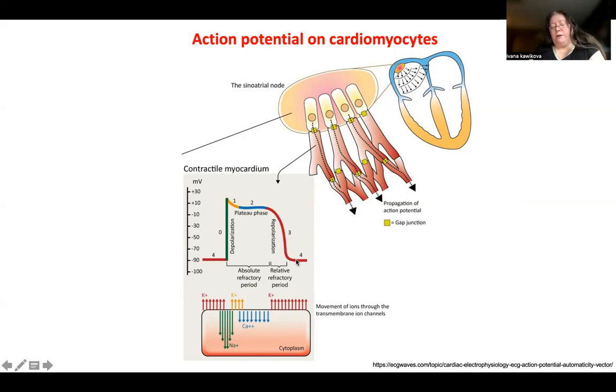Now, remember, we were talking about skeletal muscles, and skeletal muscles also have the sodium-potassium pump, and so does the heart. The sodium-potassium pump is an ATP-consuming pump that is required for restoration of sodium and potassium. Sodium needs to go out, and potassium needs to move in.